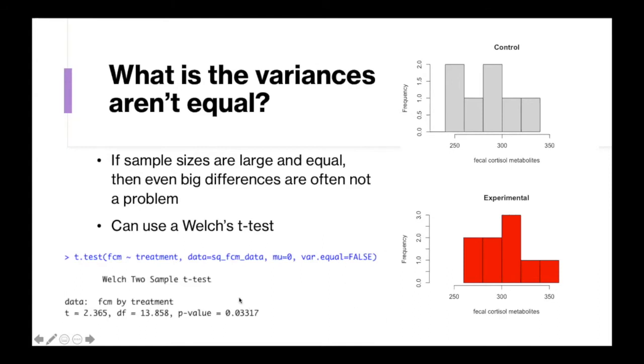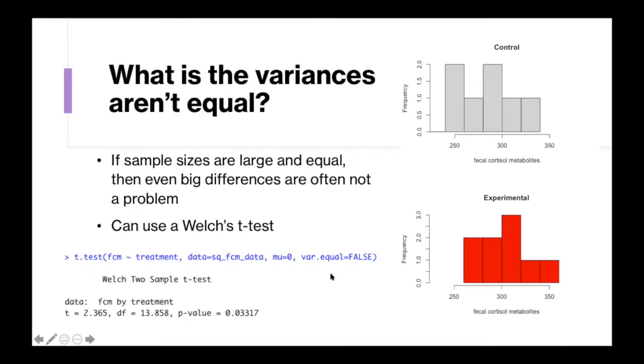We can use our same notation in our R code for our t-test as we did before, but in this case, all we need to do is specify that we are no longer assuming that the variances are equal, and what we get out is a Welch's two-sample t-test that gives us our t-test statistic, our degrees of freedom, and our p-value.